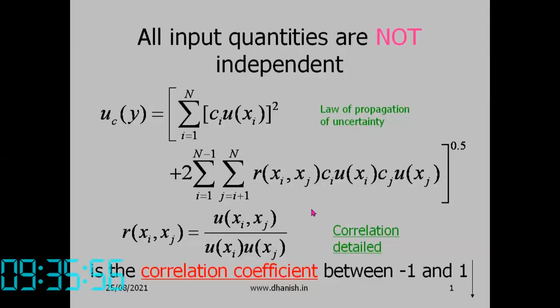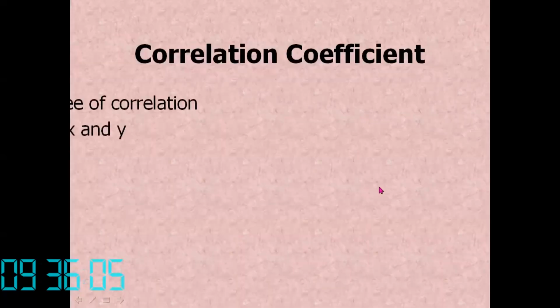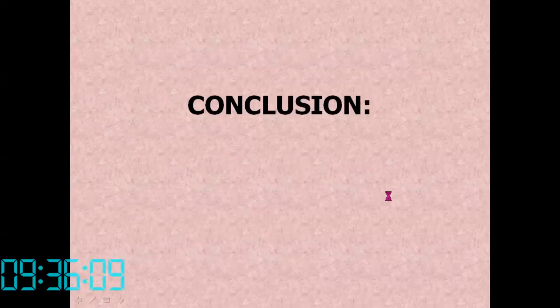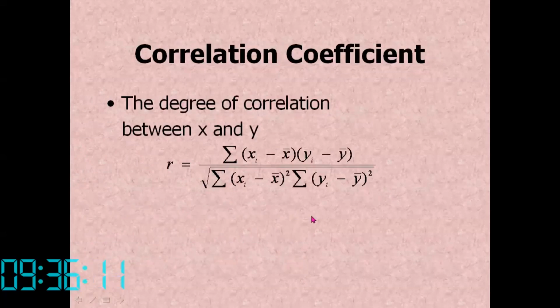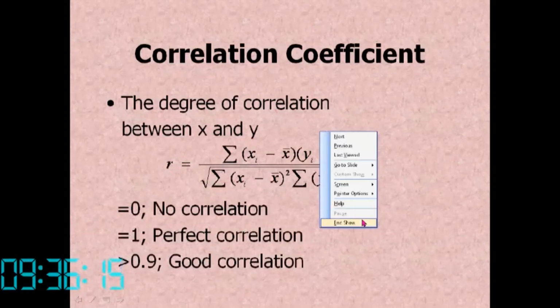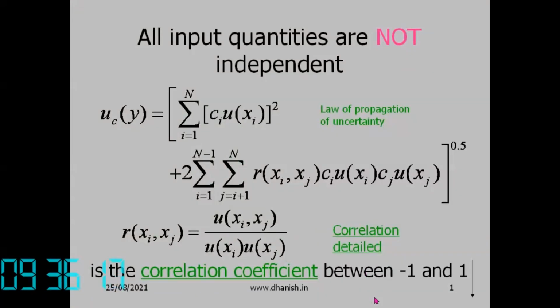This is the formula for variance, and the square root of that is the standard deviation. Now we'll apply this to some problems.